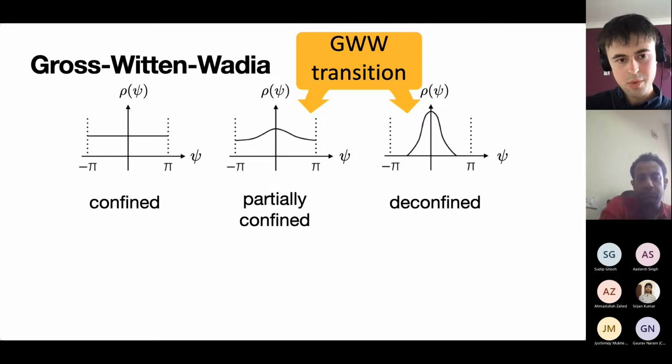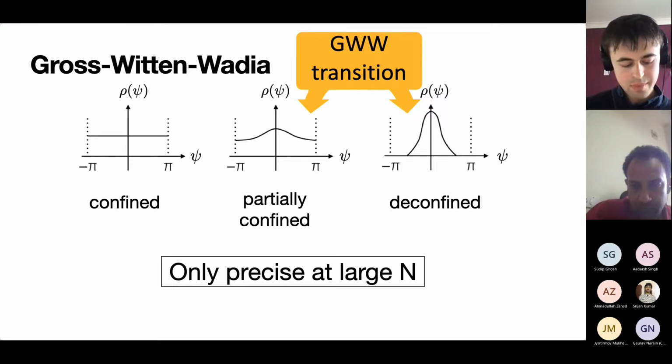So the Gross-Witten-Wadia point will be a crucial focus for us. But again, this is only precise at large n. It's only at large n that this is truly 0 in the large n limit.